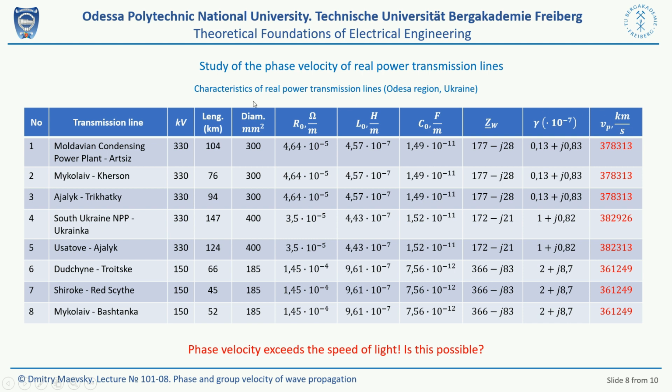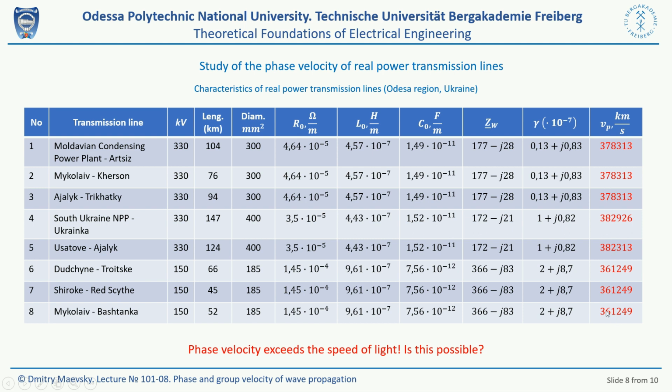All initial and estimated data are summarized in the table you see on this slide. In this table, for each line, its primary parameters, the calculated values of the secondary parameters, wave impedance and propagation coefficient, propagation factor, and the calculated value of phase velocity are given.